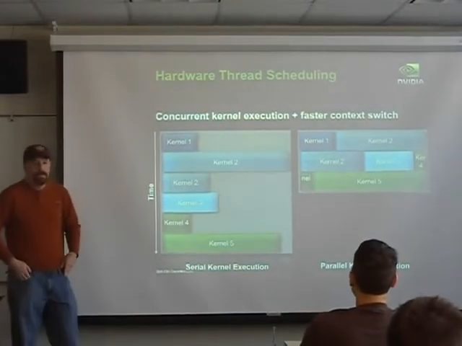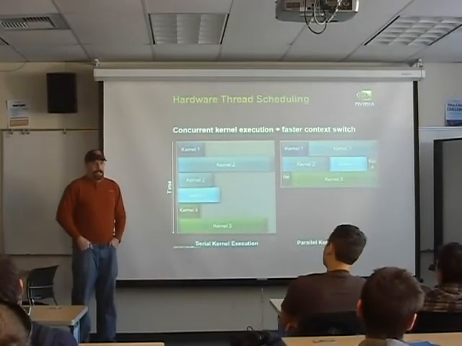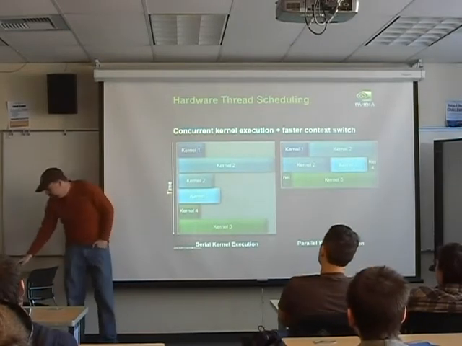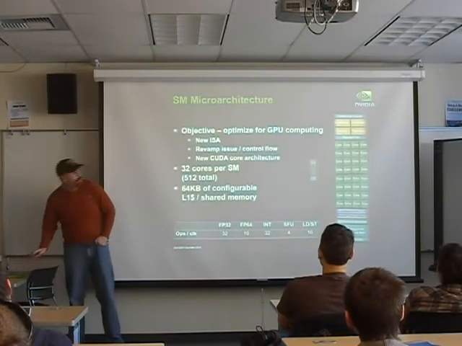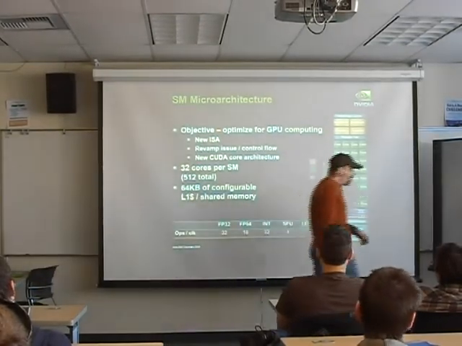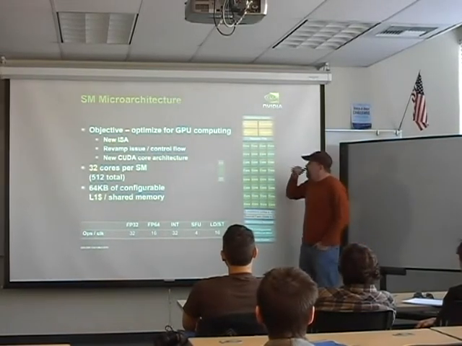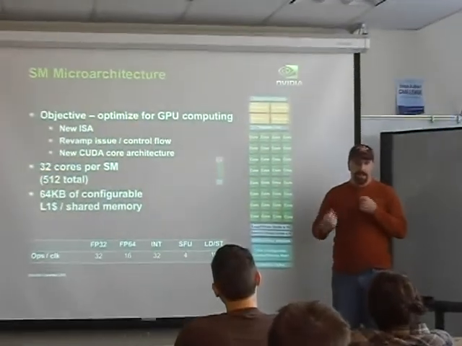You said that the context switches work between kernels as well, so if one kernel goes in, one kernel goes out. How does that work if kernels are passing messages to each other? Well, the kernel level context switching is more a matter of changing what a given streaming microprocessor is doing. So let's say you've got kernel 1 and kernel 2, and you want to switch out kernel 2 with kernel 3.